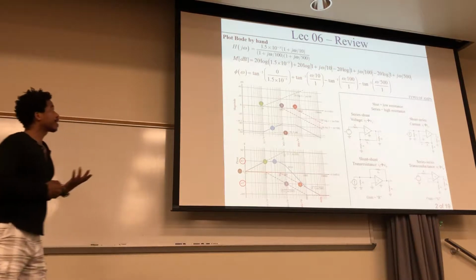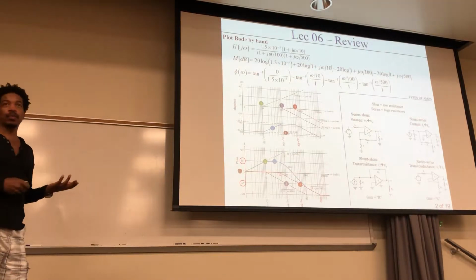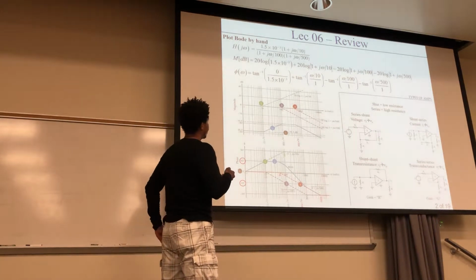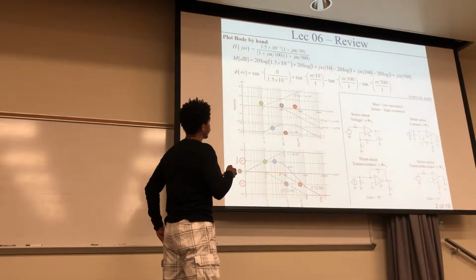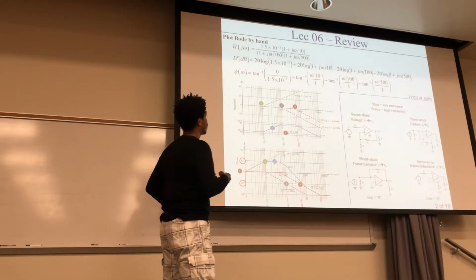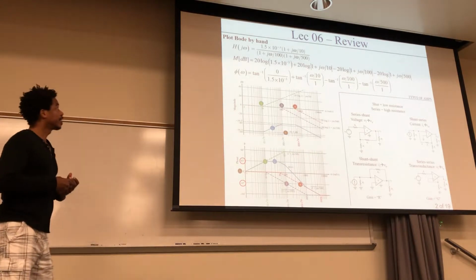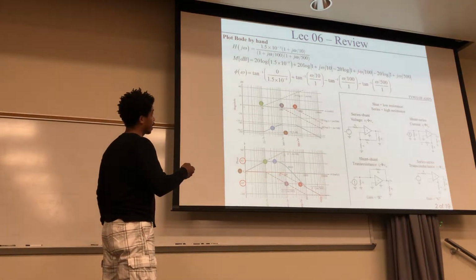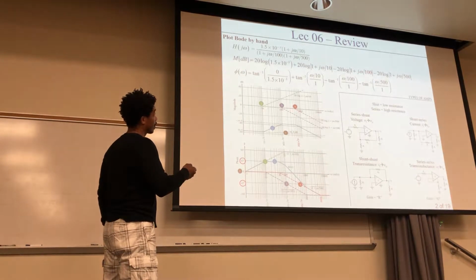But to do it by hand, you want to notice a few things about this. And what you notice is that whenever omega equals the denominator value, then that becomes 1. And then you have the magnitude of 1 plus j1, which is square root of 2. Okay, and that's for all of them. When that omega happens to equal 100, you have the magnitude of square root of 2.